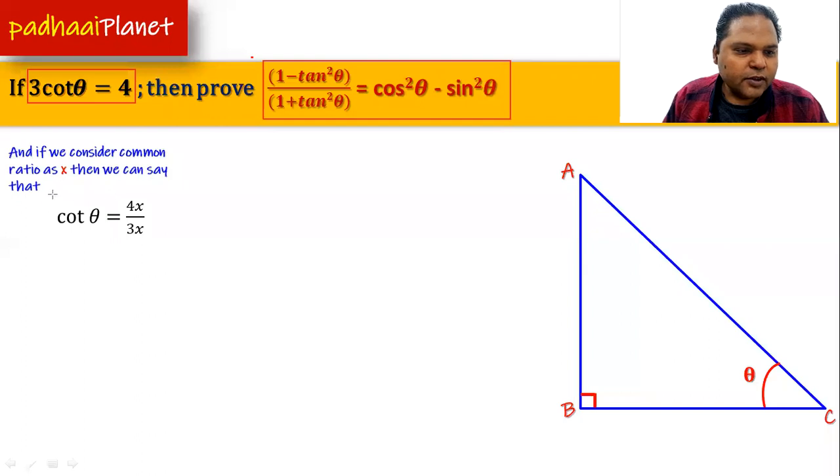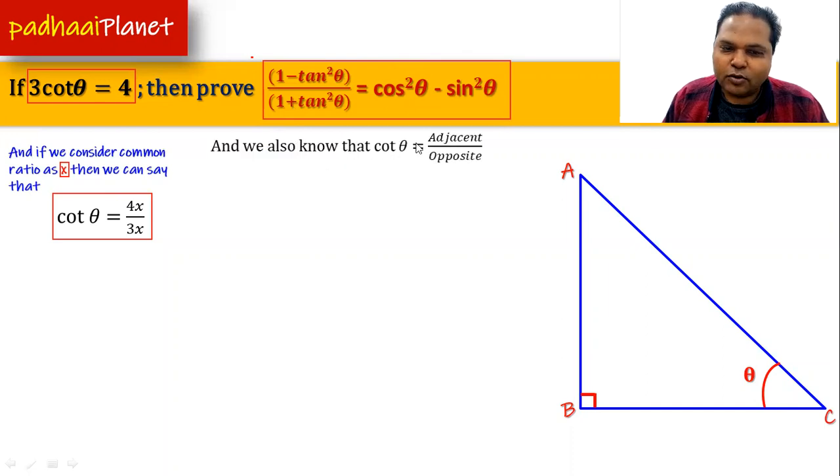So that's the starting point of this question. The first thing we need to do is assume the common ratio, that is x, and based on that we can say that cot theta is equal to 4x over 3x. Now apart from this, we also know that cot is a trigonometrical ratio, and cot theta is equal to adjacent over opposite, right?